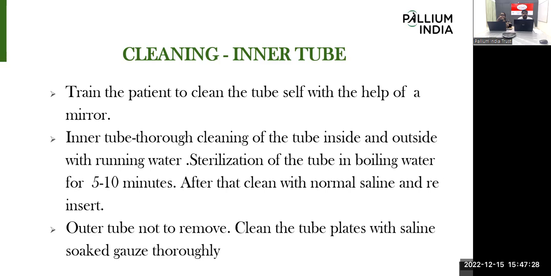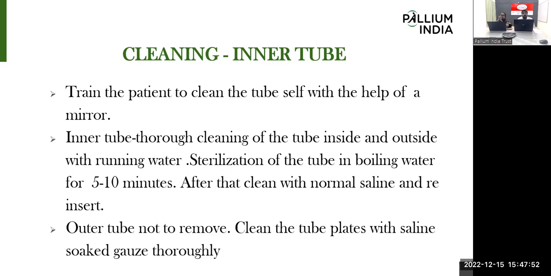Then they can sterilize it in boiling water for around 5 to 10 minutes. After that, they can also wash it in normal saline. Then after washing, dry the tube properly by shaking it gently and quickly, and only then reinsert it into the outer tube.